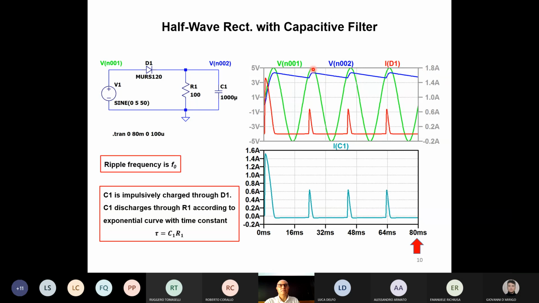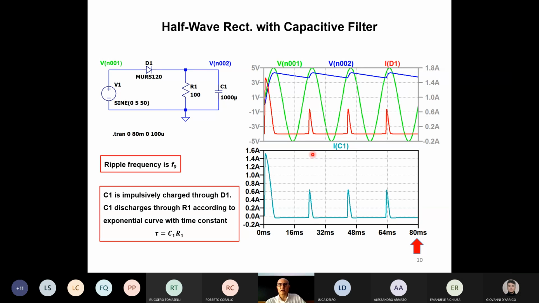Then the input voltage goes down, the diode opens, and we have the discharge of the capacitor through the resistance. If you see, basically the peak current in the diode and the peak current in the capacitor are almost the same.